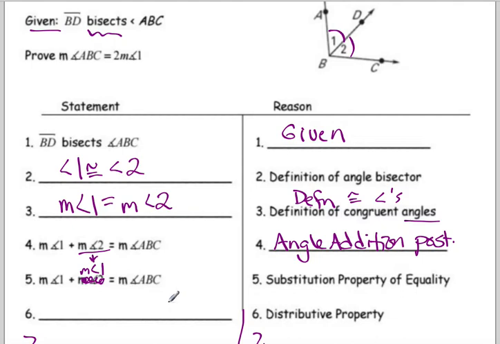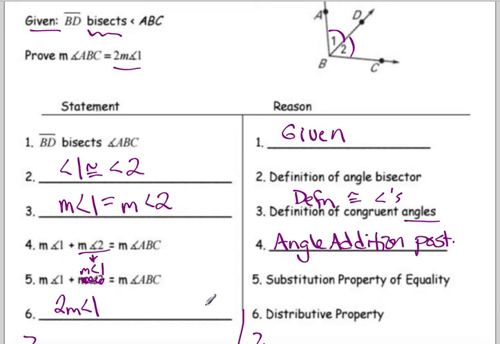Now, how we want it to look was we wanted it to be 2 times angle 1. So if we're combining these angle 1s together, they have decided that this is distributing them because there's 2 of them. And so instead of having measure of 1 plus measure of 1, writing them as 2 times the measure of 1 is kind of like distributing, or really reverse distributing.